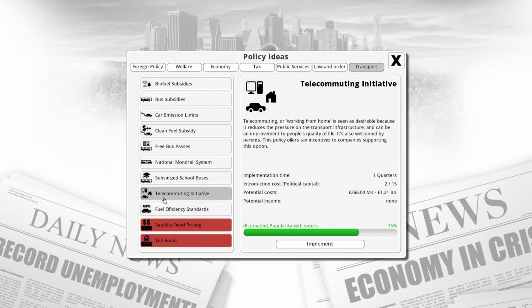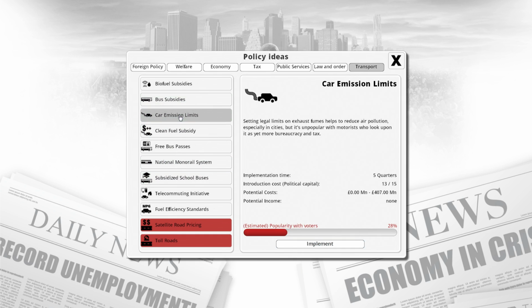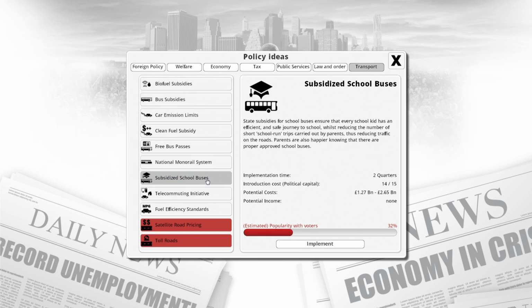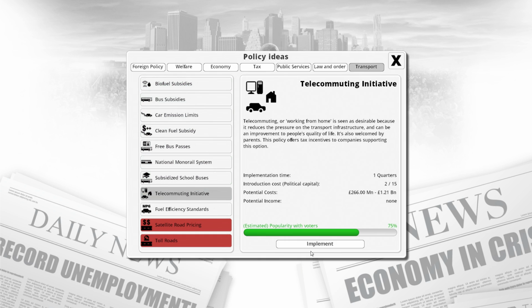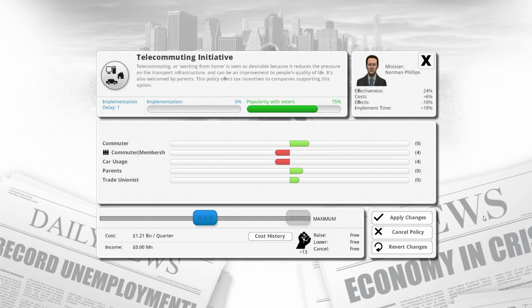Or we can do the telecommuting initiative, but that's not that expensive. This is the cheapest, but I don't want to piss off more people. And people are generally speaking happy with this. So let's just do that and increase it all the way.